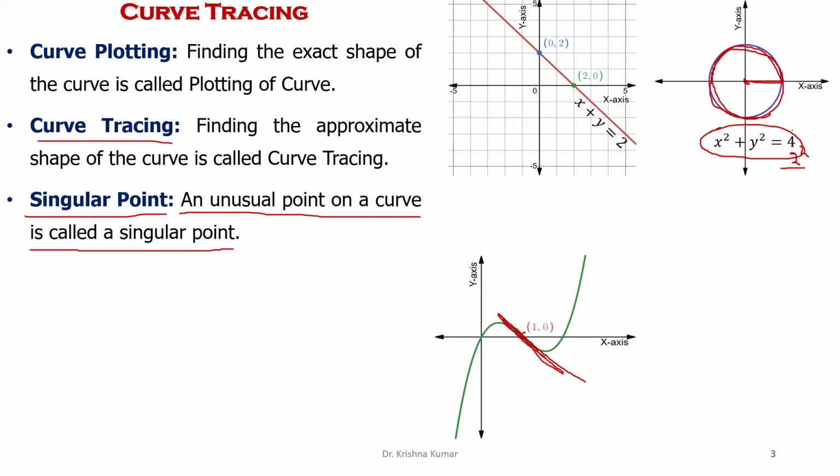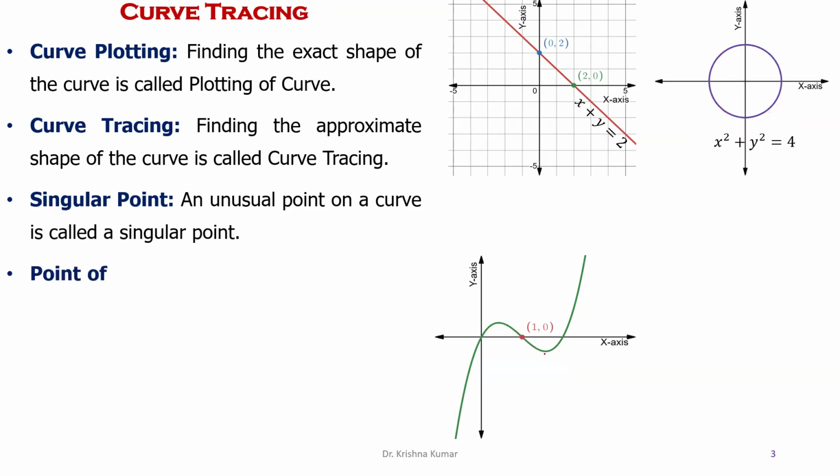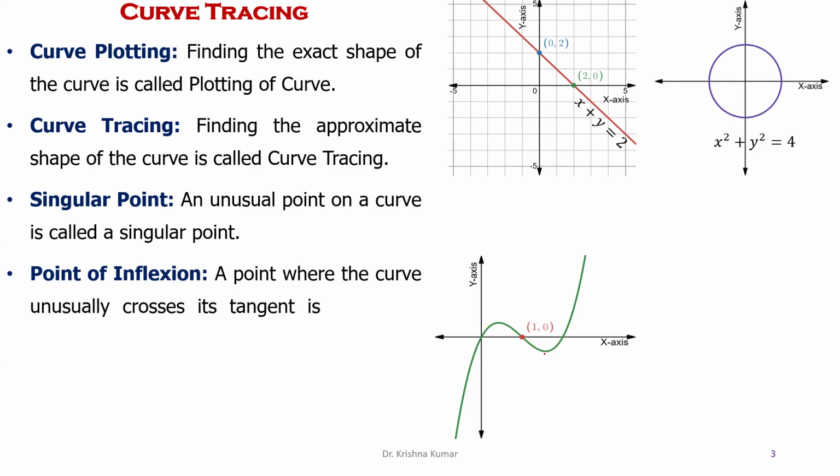So this type of point where the curve behaves unusual behavior, that is called unusual point or singular point of the given curve. The next thing is the point of inflection, a point where the curve unusually crosses its tangent is called the point of inflection. So here clearly this (1, 0) is the point of inflection.